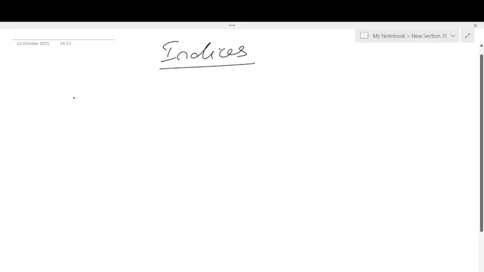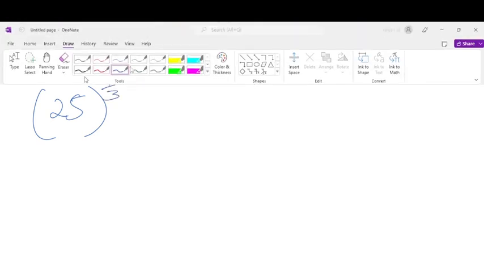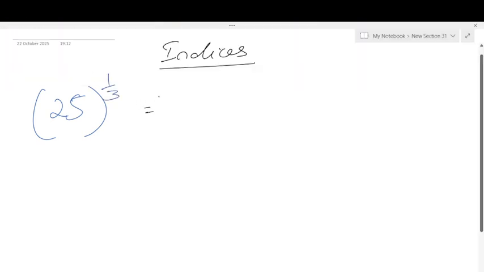Okay, next. 25 to the power of 1 by 3. First check the indices. What type of index is this? Fraction. Whenever a fraction is given, we have to convert the base, students. So 25 to the power of 1 by 2 is the question. 25 is given.